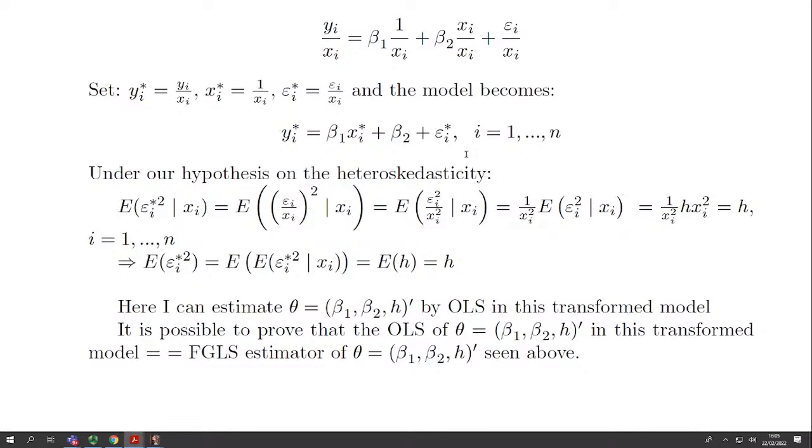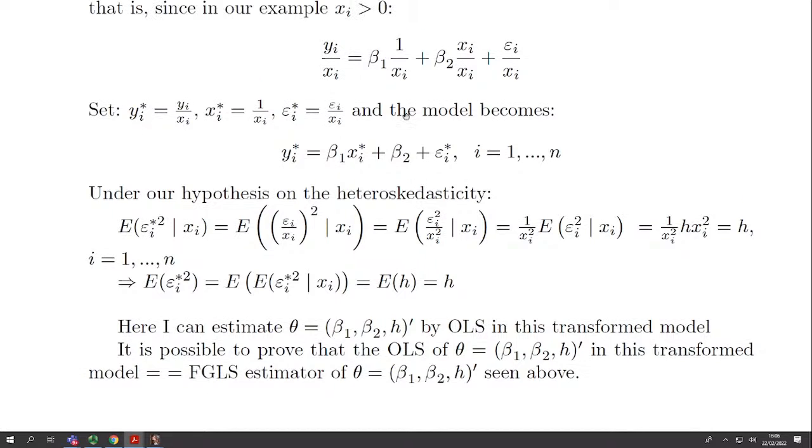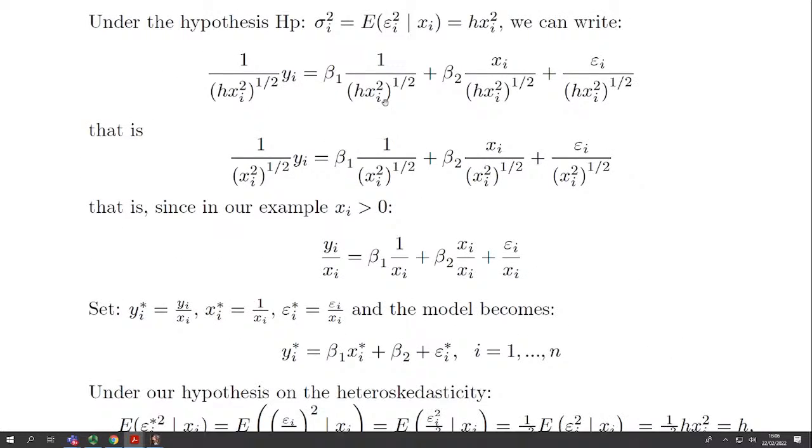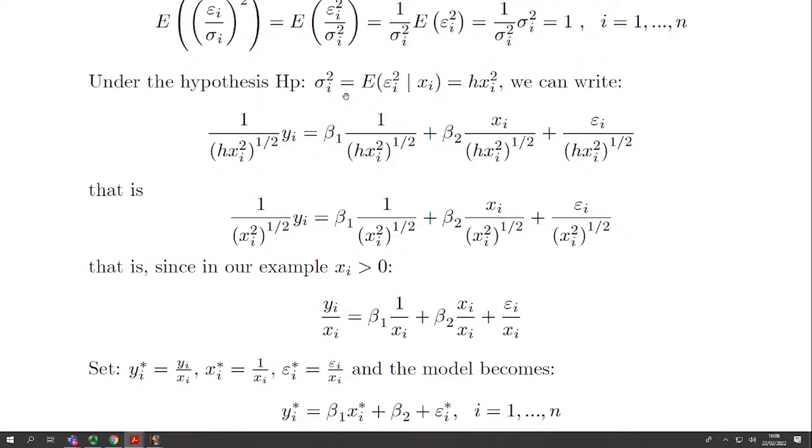What is the first check we typically do now? Yeah, excellent. We run the White test, and if we don't reject the null of homoscedasticity, bingo! It means that we have captured this assumption, this hypothesis.